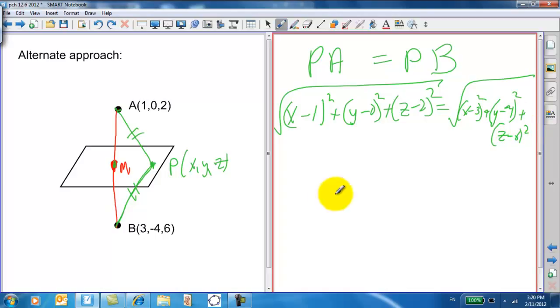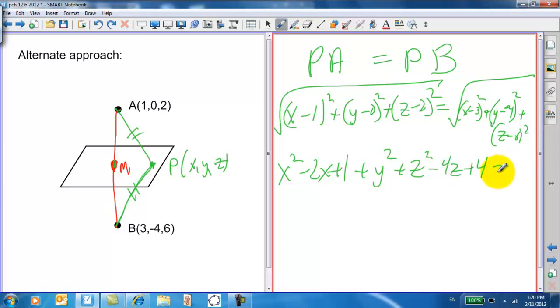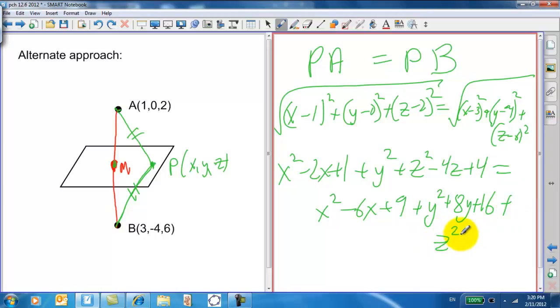So square both sides and start expanding. You get x squared minus 2x plus 1 plus y squared plus z squared minus 4z plus 4 equals, on the other side, x squared minus 6x plus 9 plus y squared, this is y minus negative 4, that's plus 8y plus 16 plus z squared minus 12z plus 36.